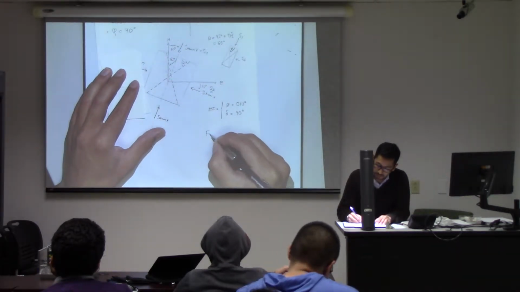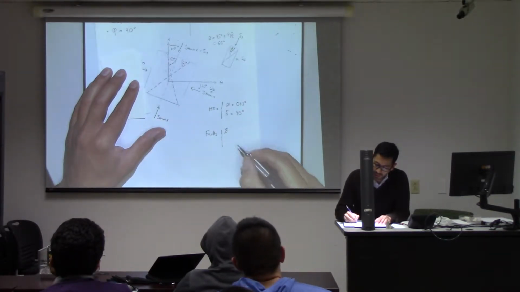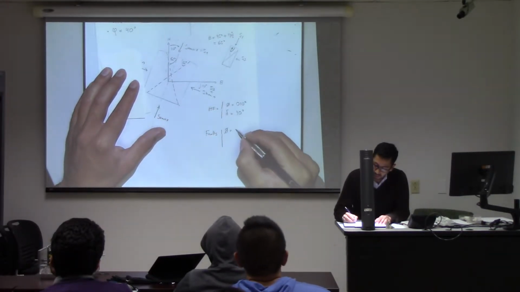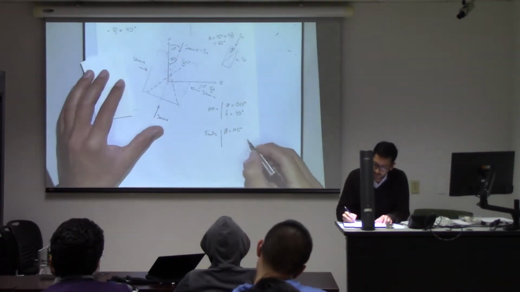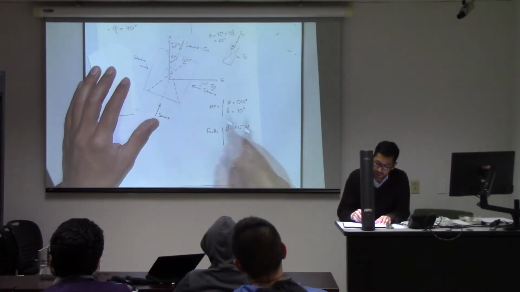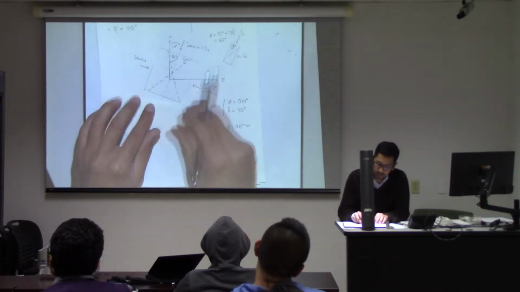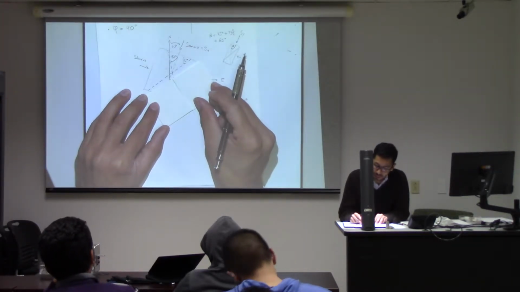So fault strike is 15 degrees. You see, in this case, it's just easier to go with this notation towards the west. The other one is going to be parallel to that one, right?